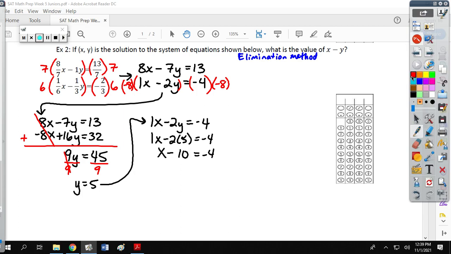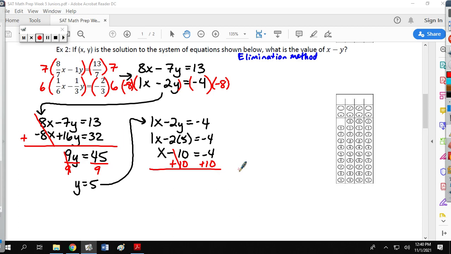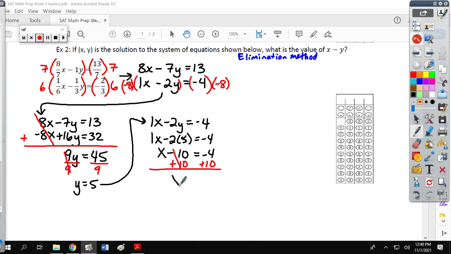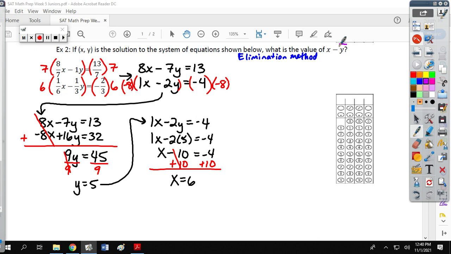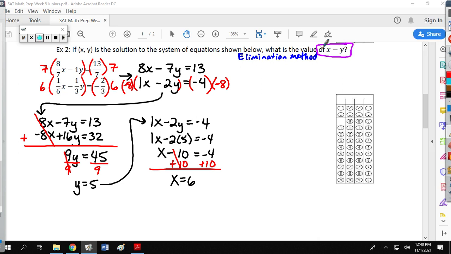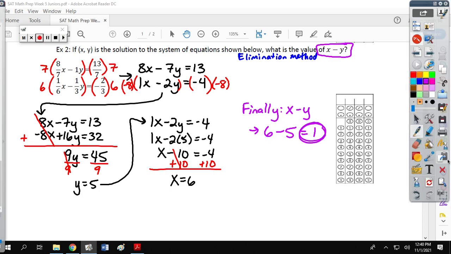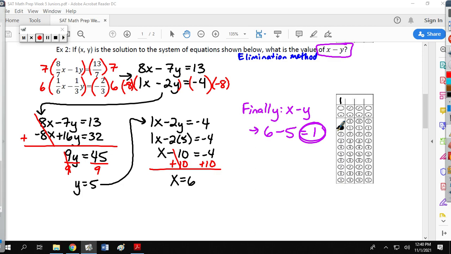Add 10 to each side, and we get x equals 6. As with most SAT questions, there is another step: we need to find the value of x minus y. x is 6, y is 5, and 6 minus 5 is 1. So our answer to this question would be 1.